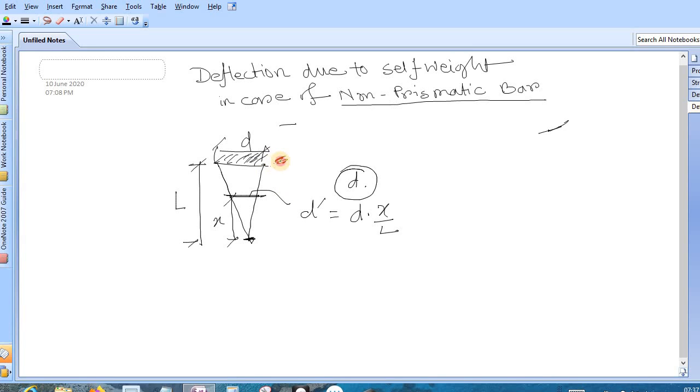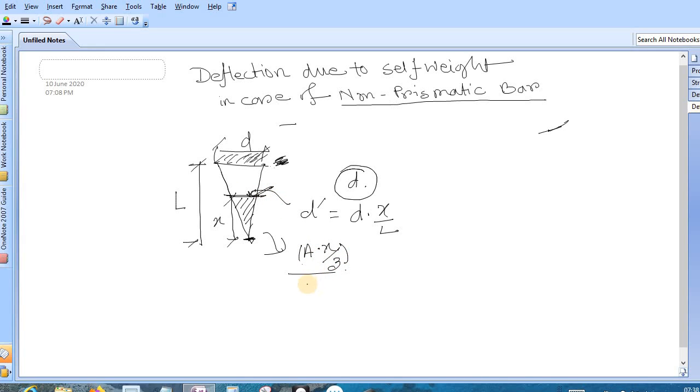At the very first, what is the force acting in this cross section? It is the weight due to this portion. What is the weight? Simply the cross sectional area of the base into the height divided by 3. This is the formula for any conical section. So what is the stress acting here?